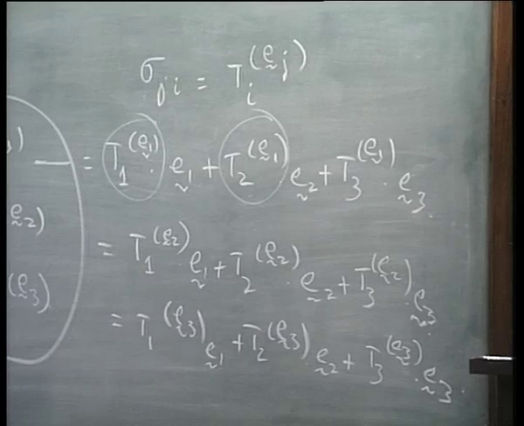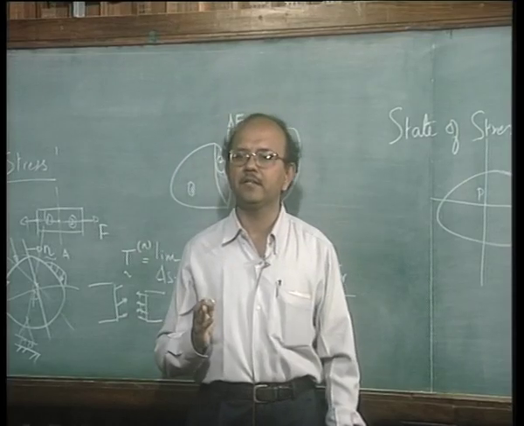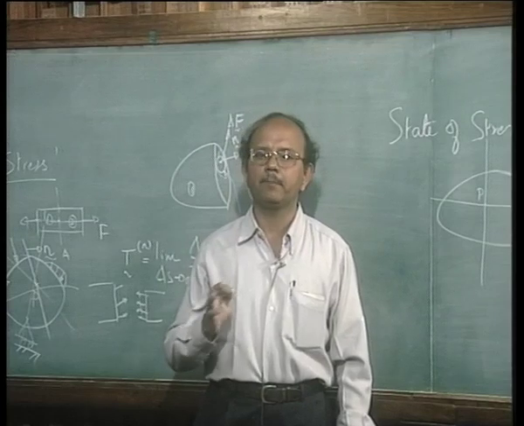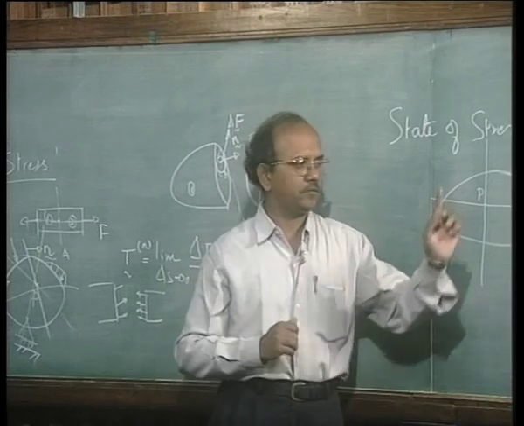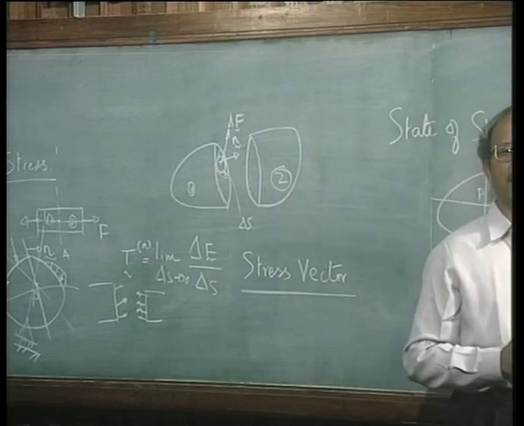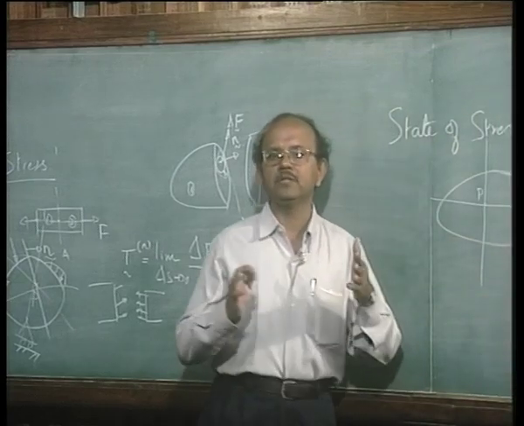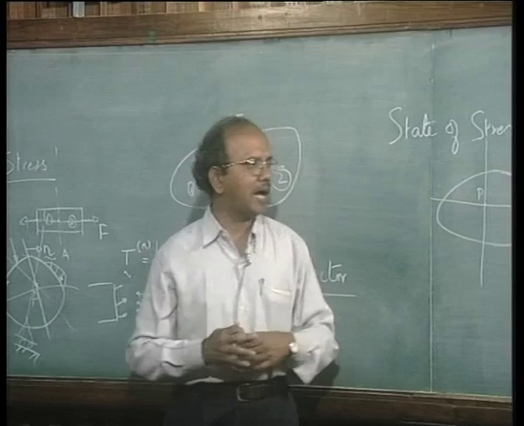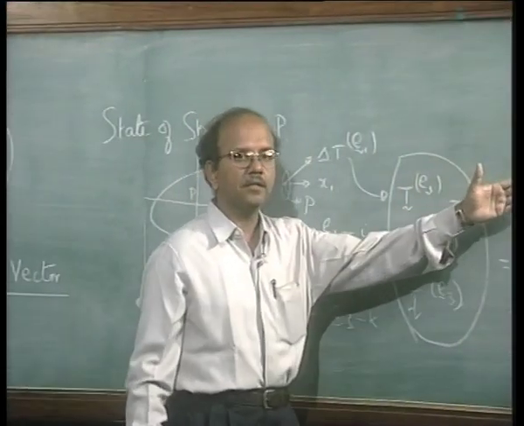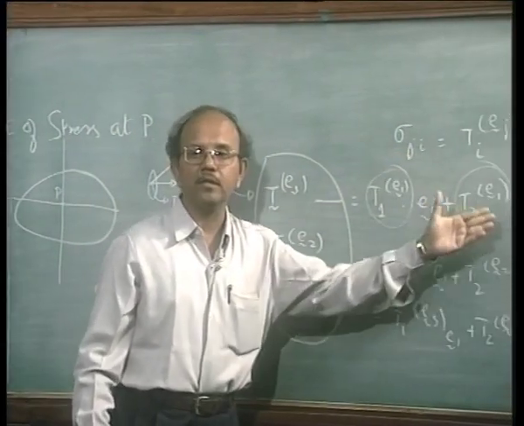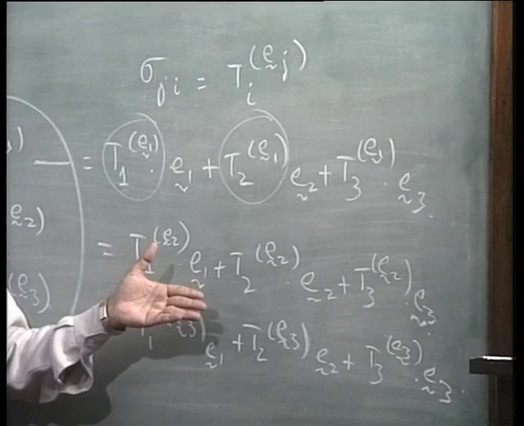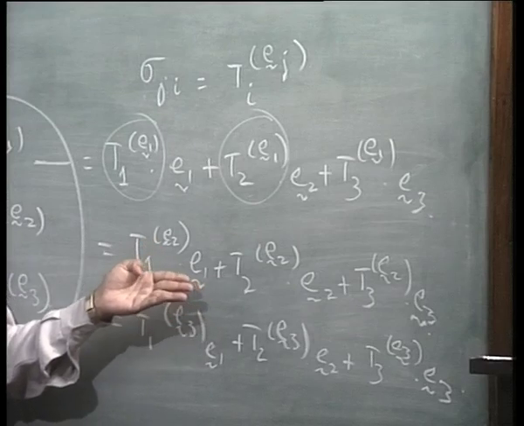Okay? Nine quantities to define the state of stress at a point. Of course, when I show you sigma ij is equal to sigma ji, then it will reduce to six quantities. But as such, you can see that we have nine quantities. Is that clear?